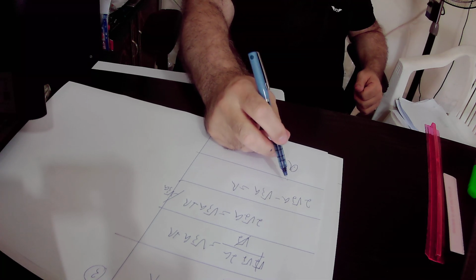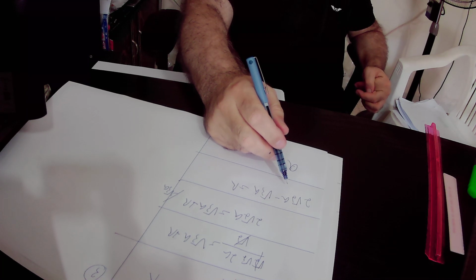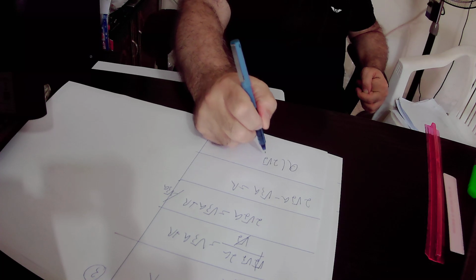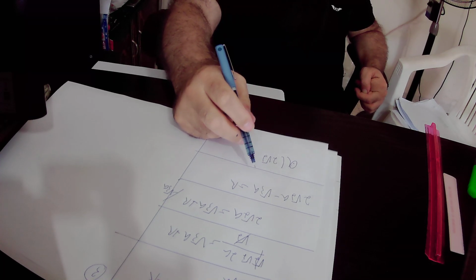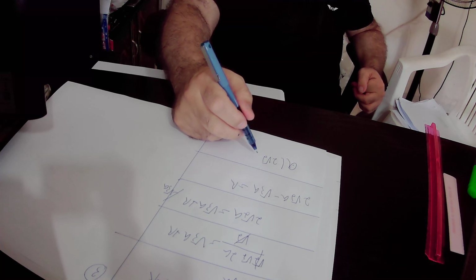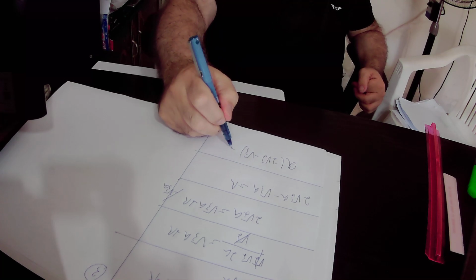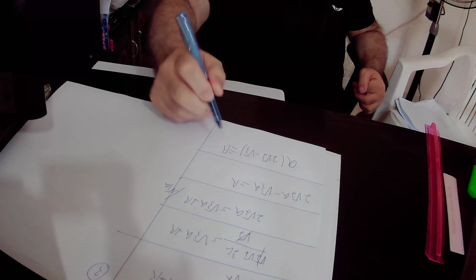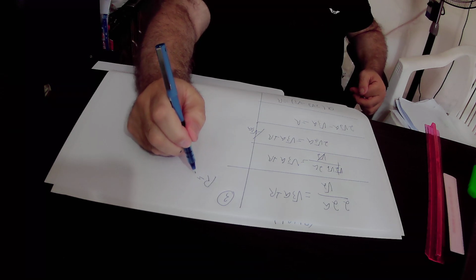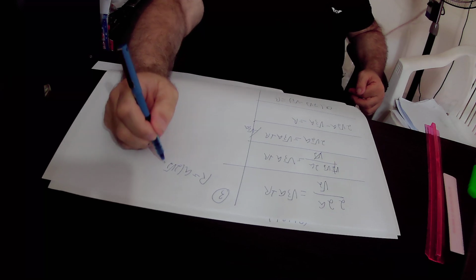What is left from 2 times square root of 2 times A after we took A as a common factor is 2 times square root of 2. And what is left from minus square root of 3 times A is minus square root of 3. And it is equal to R. So in conclusion, we found out that R equals A times (2 times square root of 2 minus square root of 3).